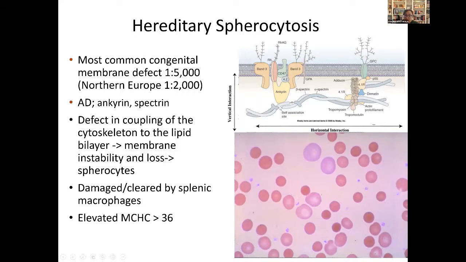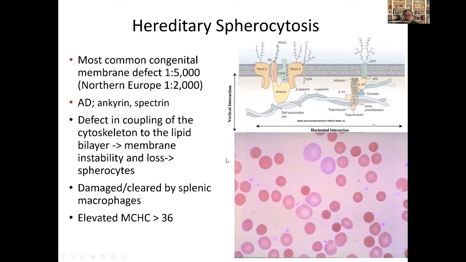So this portion over here is not coupled properly. You have the membrane not attached to the cytoskeleton, so the membrane is kind of running loose. It's unstable. Pieces of membrane detach and you lose some of them, and that's how the spherocytes form.